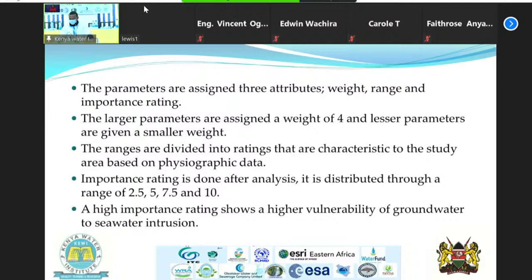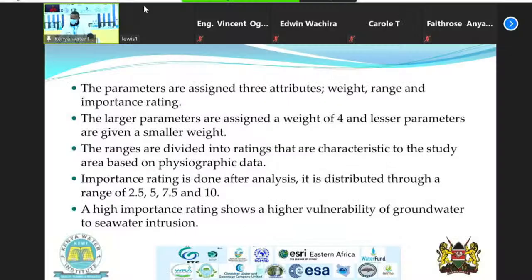These parameters are assigned 3 attributes: weight, range, and importance rating. The parameters with the larger values are assigned high weights, a weight of 4, and lesser parameters are assigned a weight of 1. Then the ranges are divided into ratings that are characteristic to the study area.